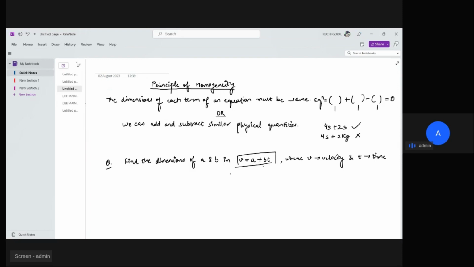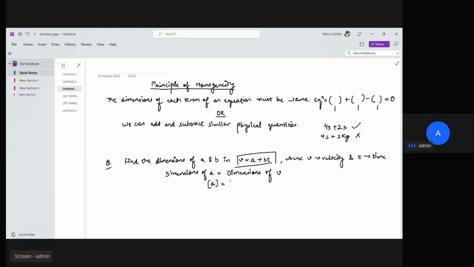So we can write, dimensions of A will be equal to dimensions of V. What is the dimension of velocity?